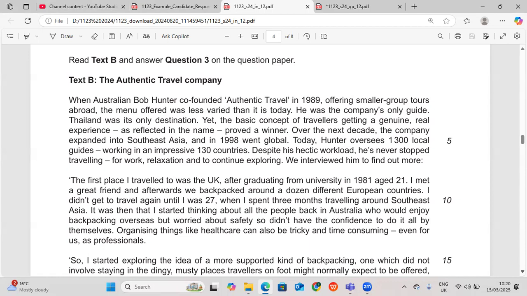Meera, can you read the opening paragraph, please? When Australian Bob Hunter co-founded Authentic Travel in 1989, offering smaller group tours abroad, the menu offered was less varied than it is today. He was the company's only guide. Thailand was its only destination, yet the basic concept of travelers getting a genuine, real experience, as reflected in the name, proved a winner.